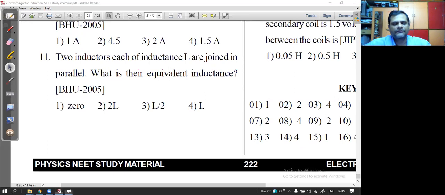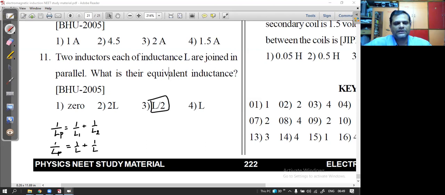You already know it becomes L/2. Because when inductances are kept in parallel, we use the formula 1 upon LP is equal to 1 upon L1 plus 1 upon L2. Since L1 and L2 are the same here, 1 upon LP is 1 upon L plus 1 upon L, so 1 upon LP becomes 2 upon L, and hence LP becomes L/2 as the final answer.